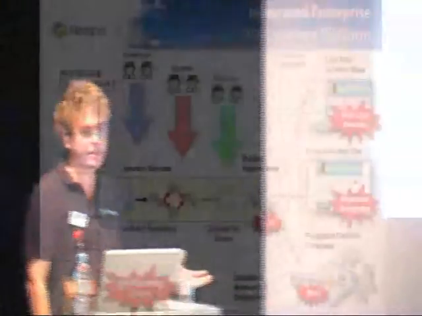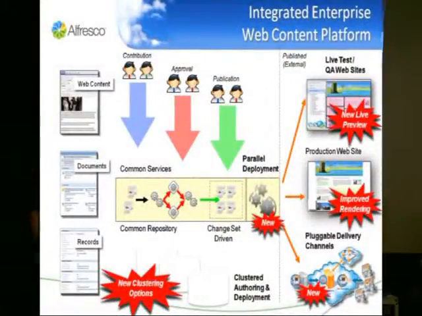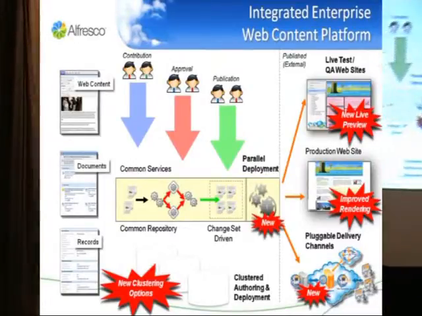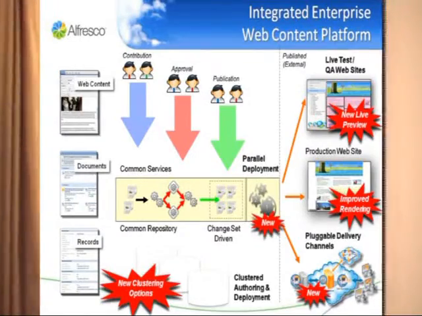Basically enabling the idea of an integrated enterprise for which all kinds of content, may it be documents, web content or records, is managed throughout the whole content life cycle and delivered through a multi-channel delivery model.